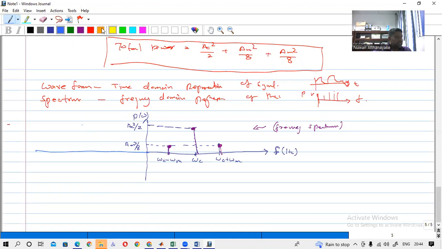So you have minus omega c here, and you have minus omega m plus omega c and omega m minus omega c here. This part you will also have, and this is the negative component.